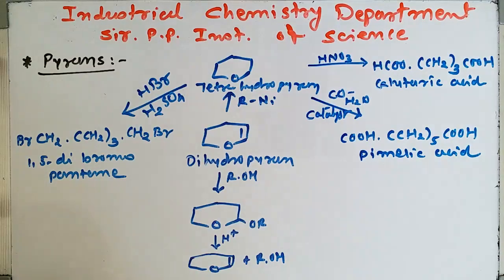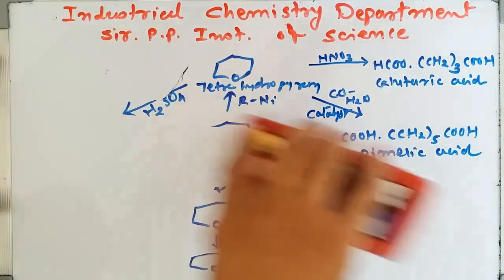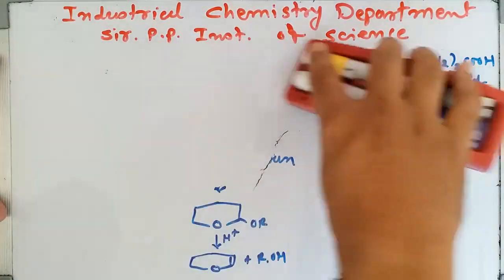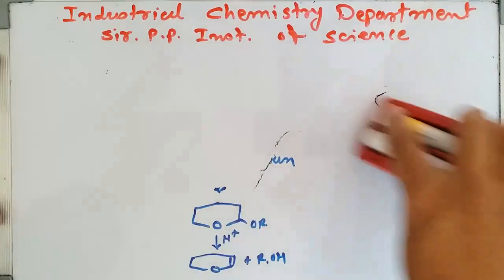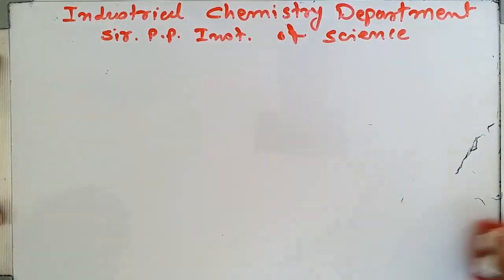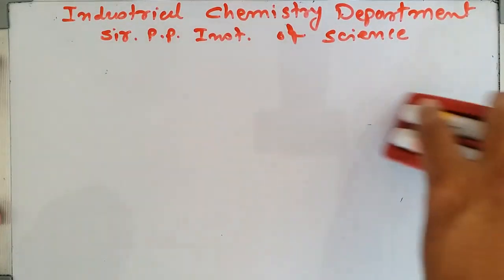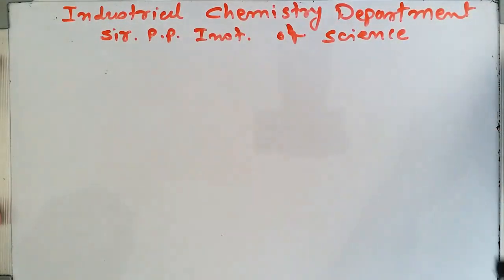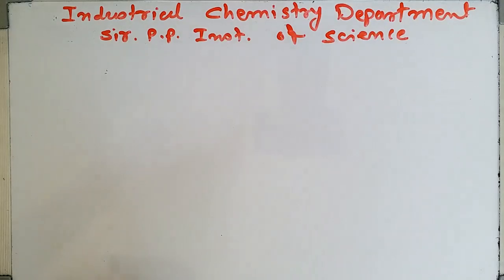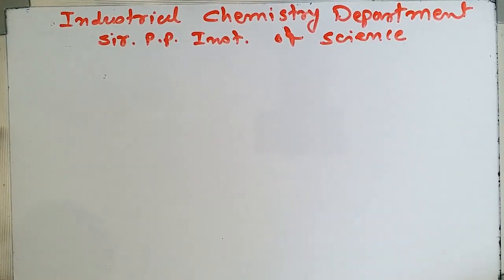Now we see our next compound. For the next compound, we see six-member ring heterocyclic compounds. First, with nitrogen as the heteroatom in the six-member ring, that is pyridine, and previously, if oxygen, then it is pyran.